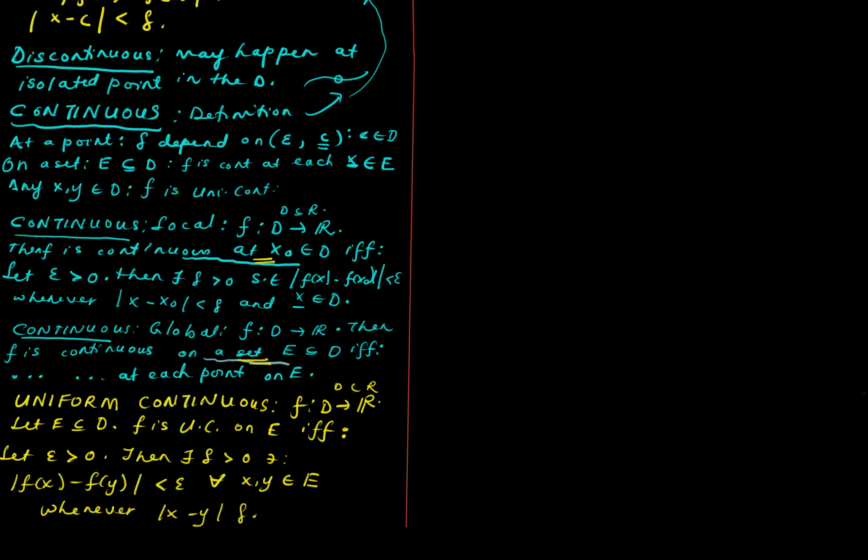So what is the biggest and main difference that you're watching for, if you're paying attention? It's that you do not have a fixed point and you're not picking all x in E, but you're picking any two points. No matter what two points I pick in my set in that domain, if the difference of those points is less than delta, then the difference in the range, f of x minus f of y, is always less than epsilon.